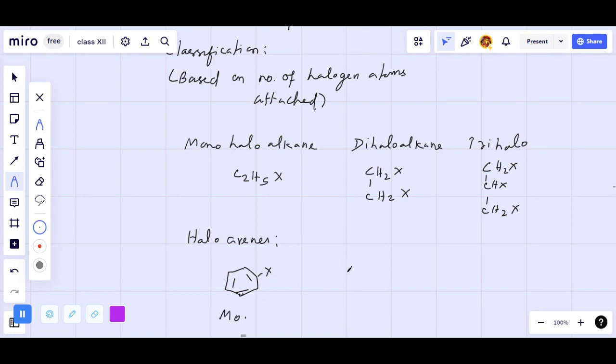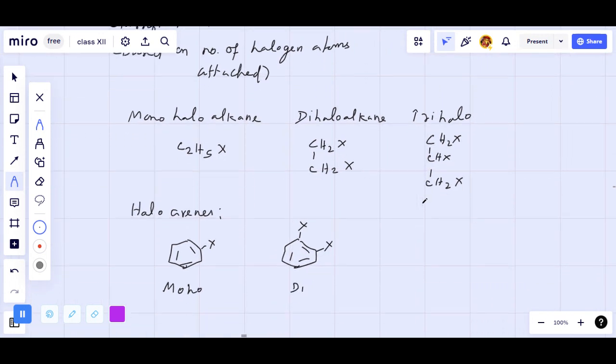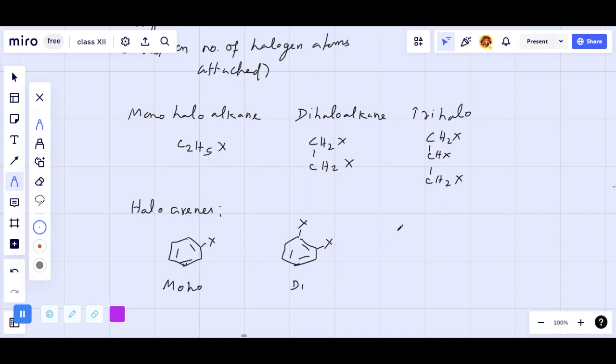If two halogen atoms are there, suppose here it is one and here it is one, this is dihaloarene. If three halogen atoms are there, one, two, and three, this is trihaloarene.